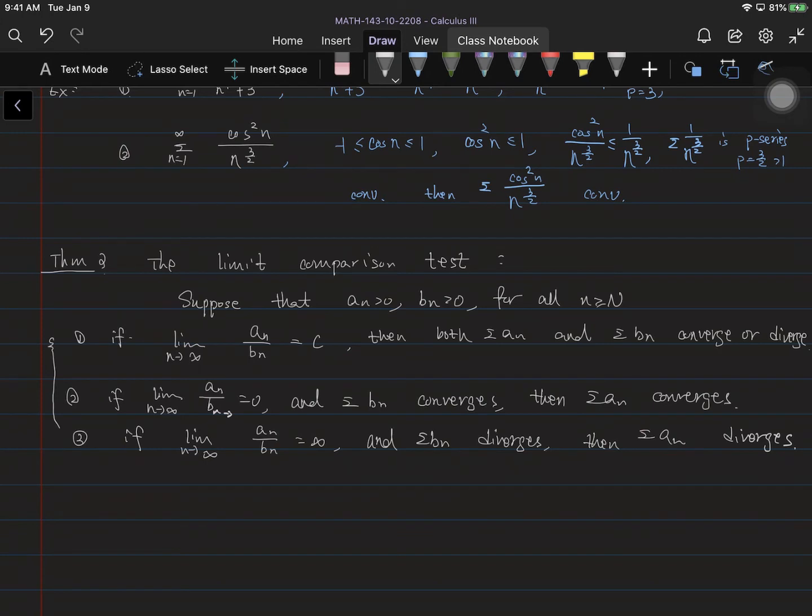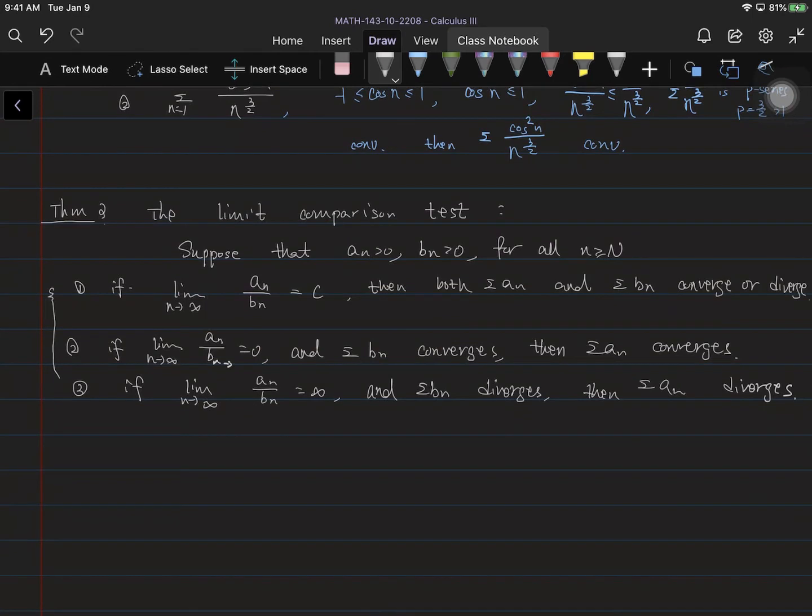And if an over bn goes to 0, that means an is smaller than bn, and smaller than convergent means converges. The next thing is an should be much larger than bn because the limit goes to infinity. That means an is greater than bn, and greater than divergent, because bn diverges, is the same as the first comparison test. So this is just another way to do the comparison.